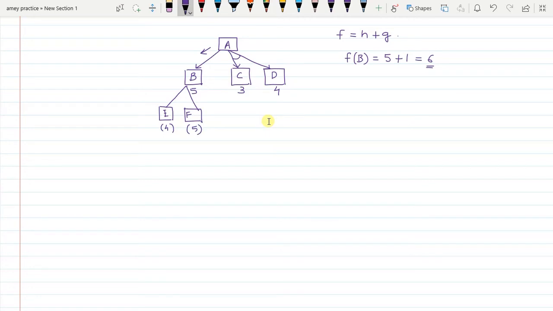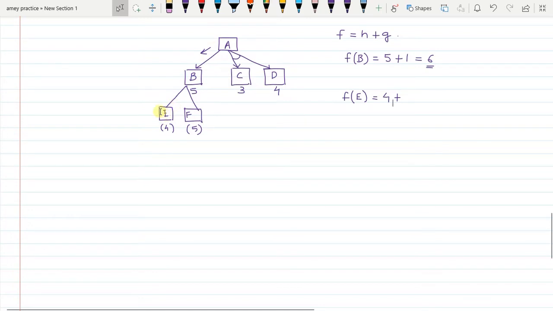I am just showing you how the f value for node E will be found. The f value for node E will be its heuristic value, that is 4, plus the g value for E. And what is the g value for E? If it was the A star algorithm, then for g of E you would have considered the actual cost incurred in moving from A to B, that is 1 unit, and then B to E, that is 2 units. So in total you would have written 2 over here.